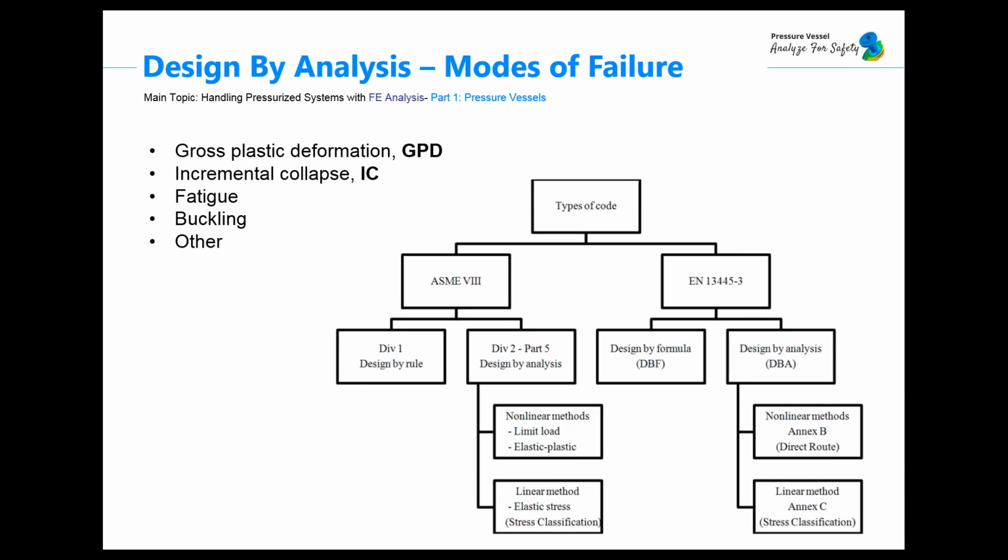Starting with design by rule, this section contains a set of rules based on strength of material equations and empirical formulae, and the designer simply follows the rules laid out in the procedures for the basic components like nozzles, heads, cylinders, flanges, and so on. There are cases when the loadings and geometries are such that the procedure cannot be applied effectively, and this happens when designs are very complex.